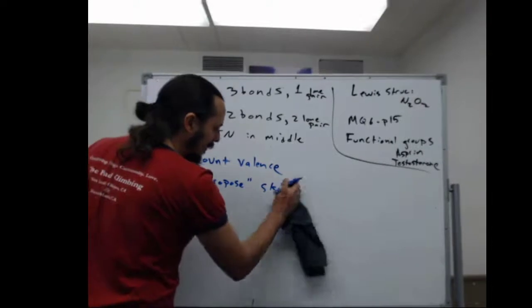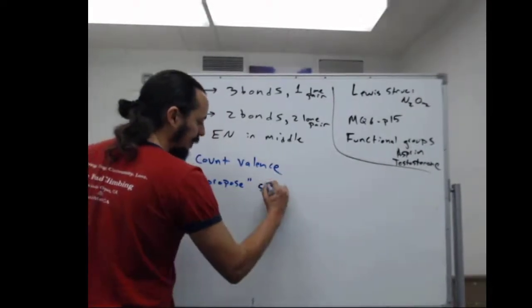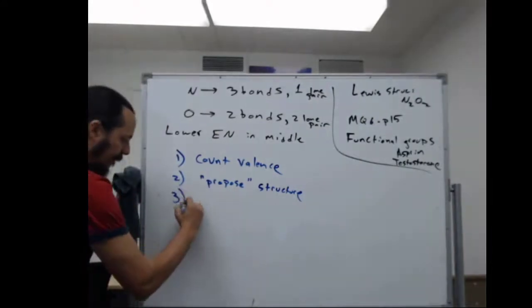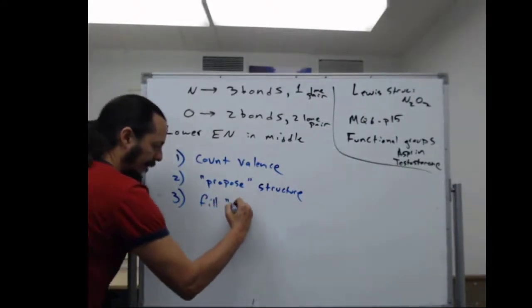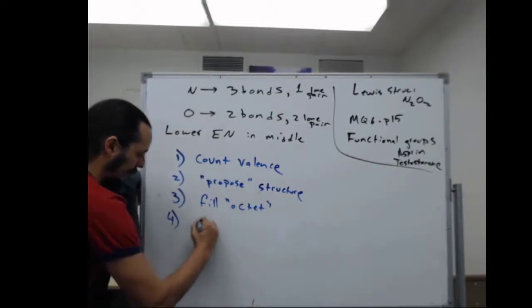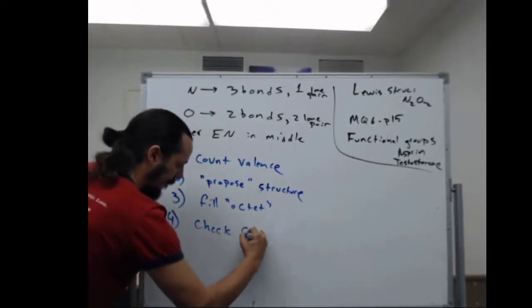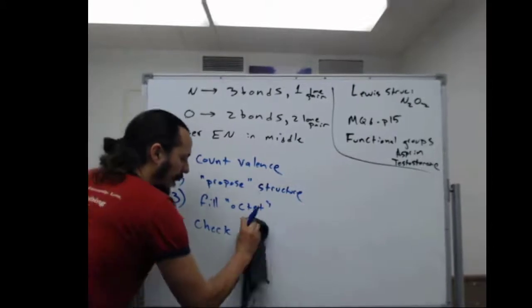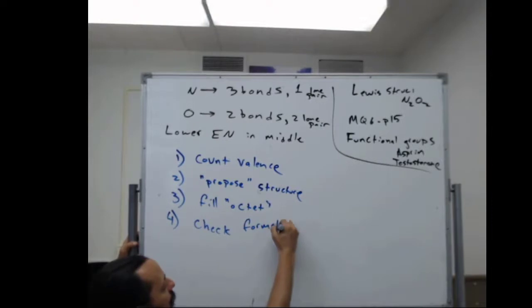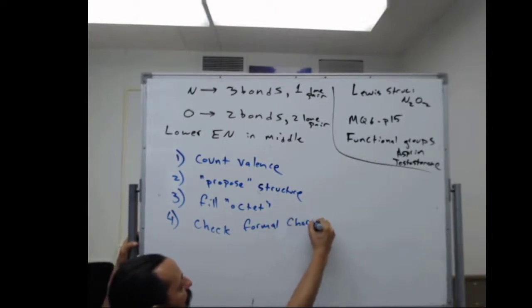We usually call it a skeleton structure; I'm just going to call it a proposed structure. And then the final check is checking formal charge to make sure it's the best possible structure.